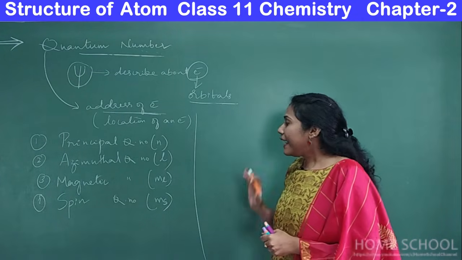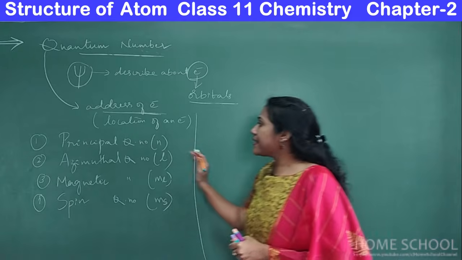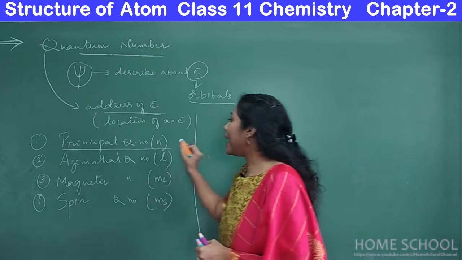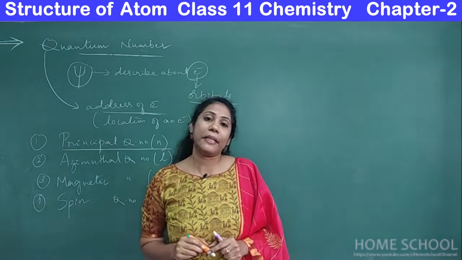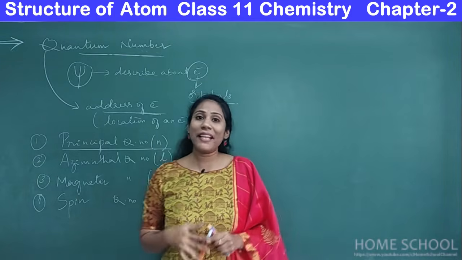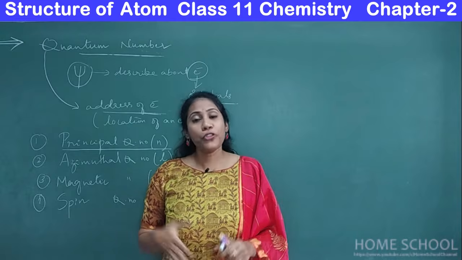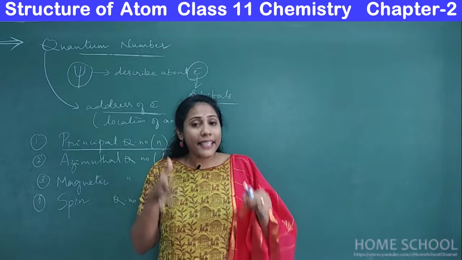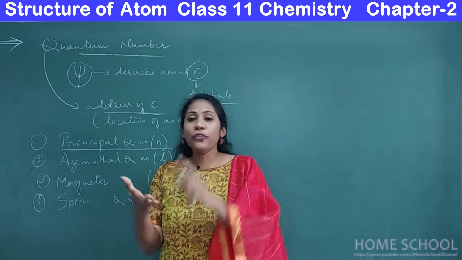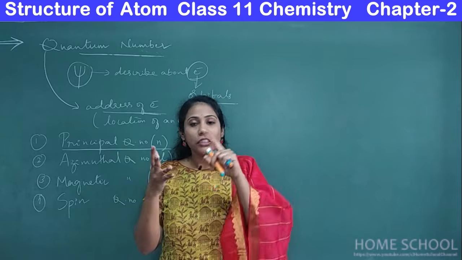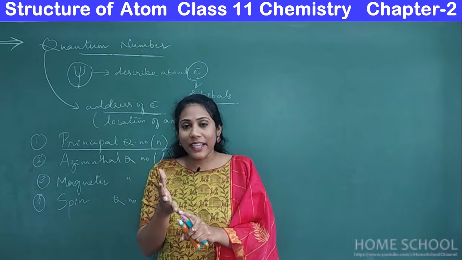And let us first discuss what we mean by the principal quantum number. So imagine, guys, if I ask you your address, what are all the things that you will mention? You will mention your town, colony, right?